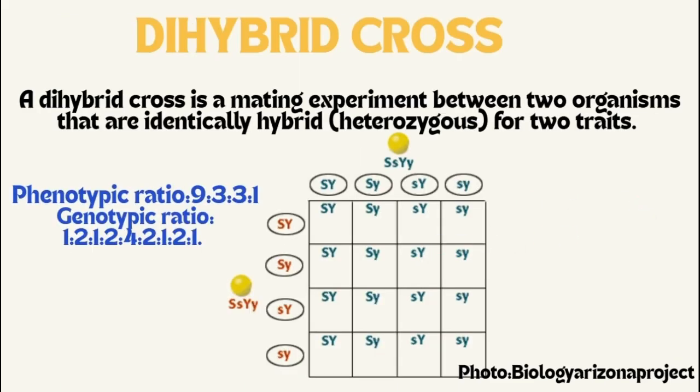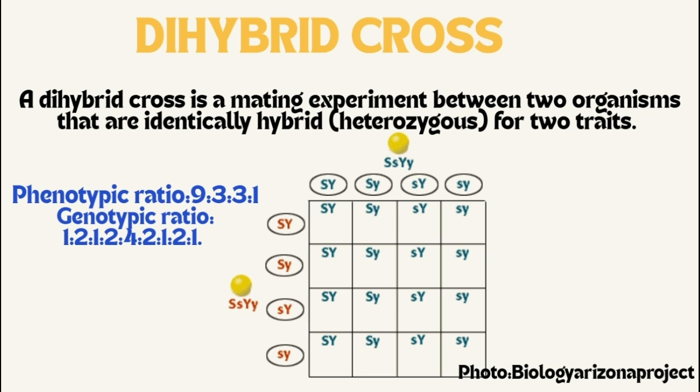Now the dihybrid cross, which is a little bit more complex, right? In a dihybrid cross, you're going to be crossing two individuals which code for two different traits. So instead of drawing that 2 by 2 little Punnett square, you're going to end up with a 4 by 4, right?